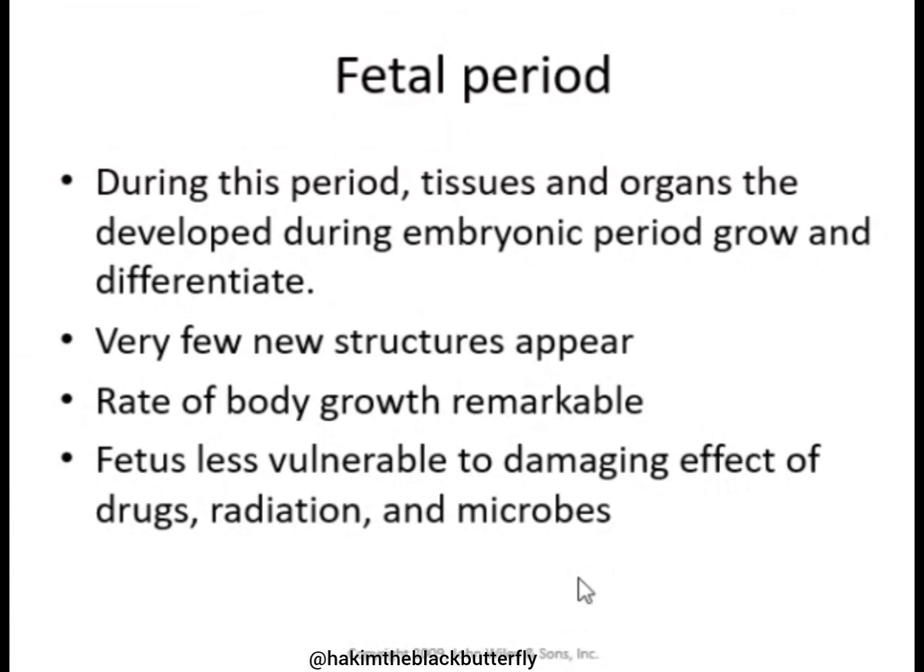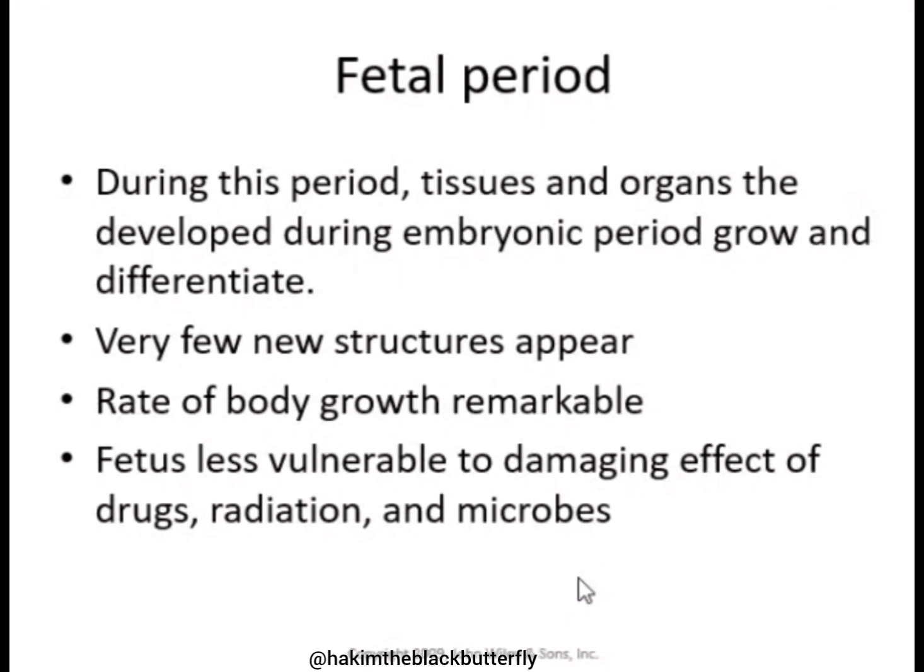Most congenital anomalies occur between week 3 up to week 8, when organs are differentiating from the 3 germ layers. And in the fetal period, we have very few anomalies which may occur, and they might be as a result of mechanical forces, not differentiation, but mechanical forces.